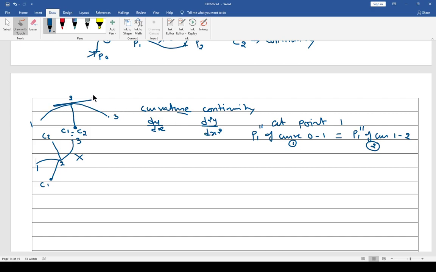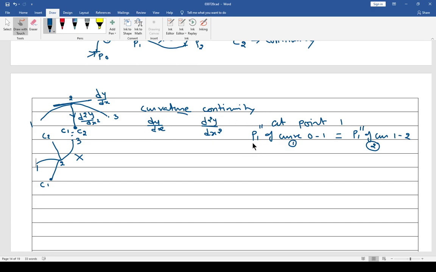The tangent is denoted by dy by dx, and then this vector is a second differentiation, a second order differentiation. So this should be the same for curve 1 and for curve 2. In that case I have achieved second order continuity, or C2 continuity, or curvature continuity.